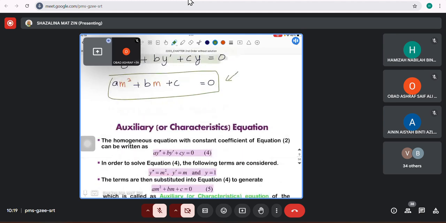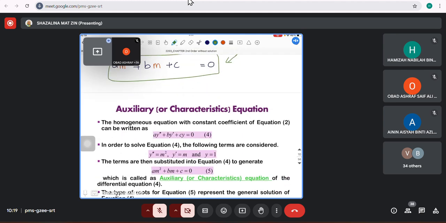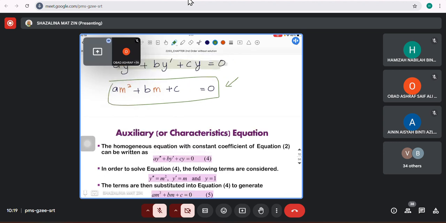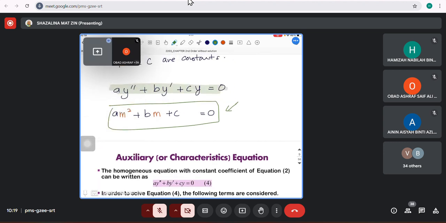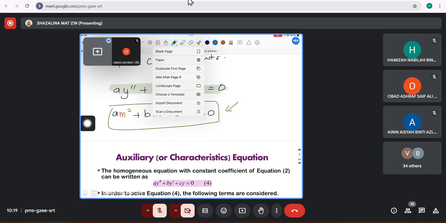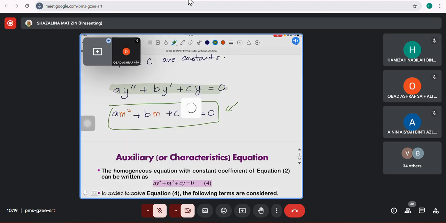From this auxiliary equation, we can identify the type of solution. How to identify? It is based on the roots of this auxiliary equation.